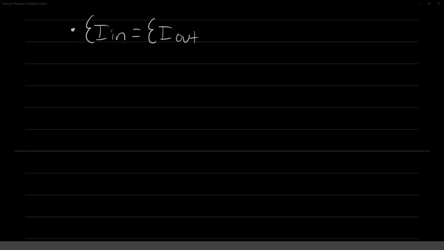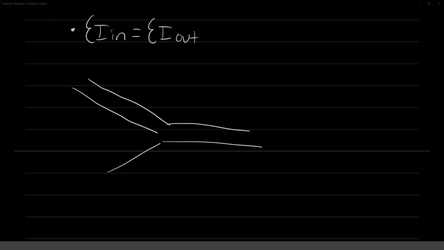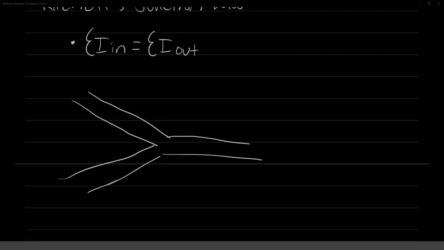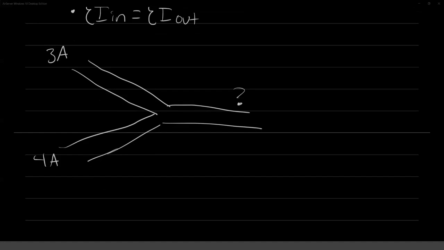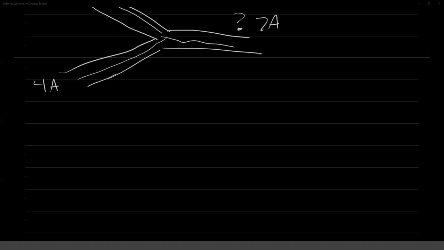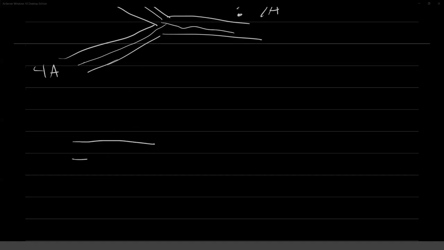That's where they get into situations like, say this is 3 amps and this is 4 amps. How much is going to come out on this side? All you really do is add them together, so coming out this side would be 7 amps. If you did it backwards, it kind of depends, so it's hard to judge how much current is going to come out on either side.